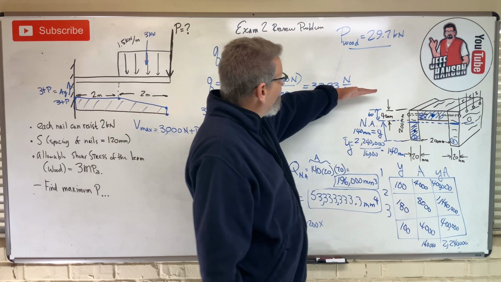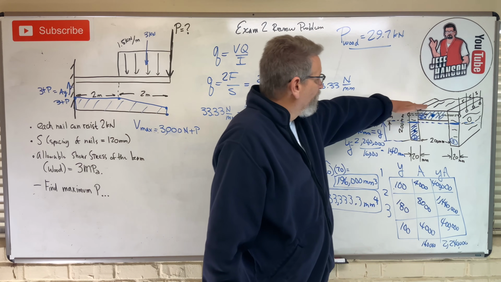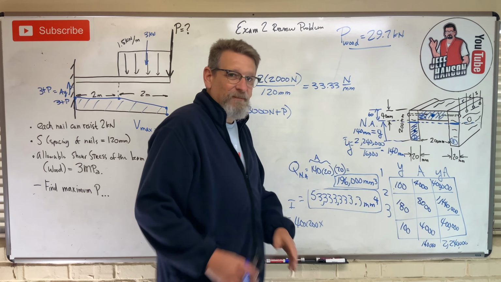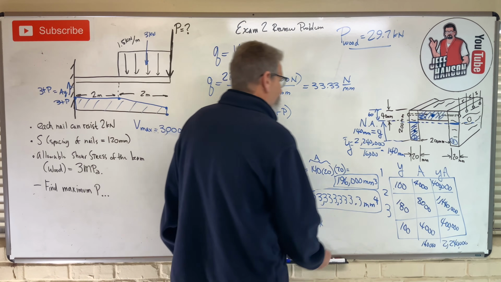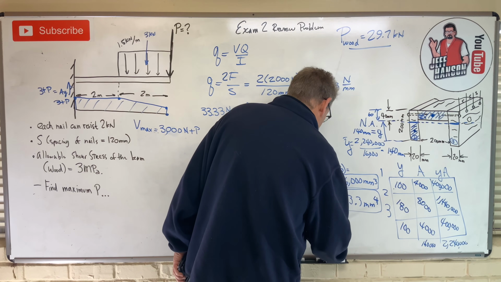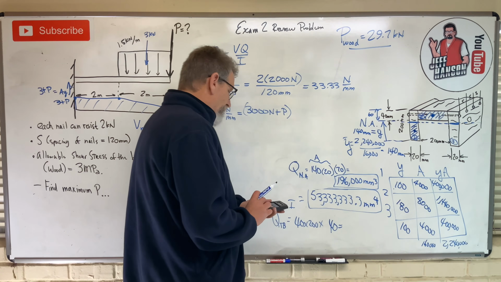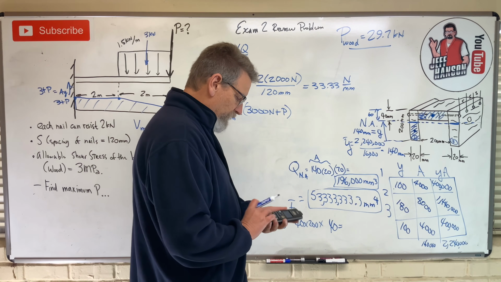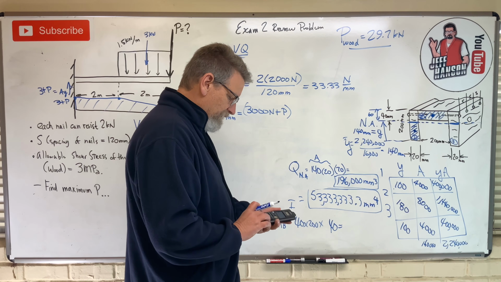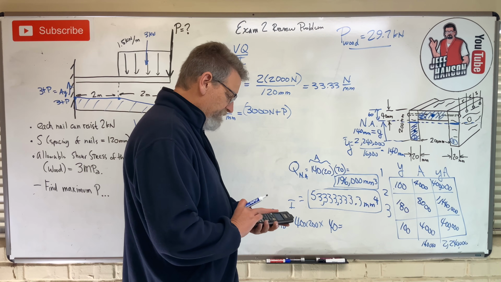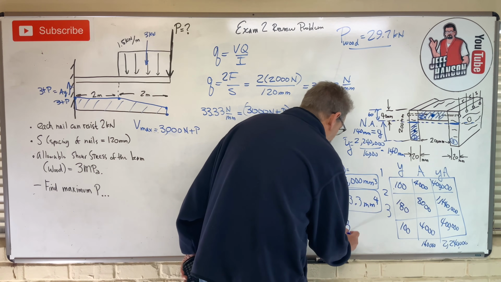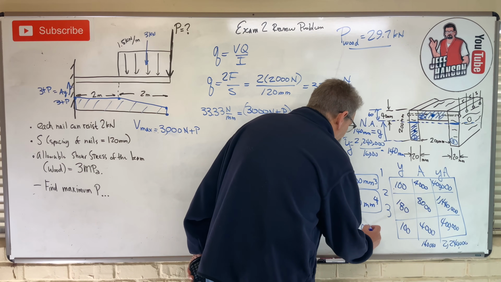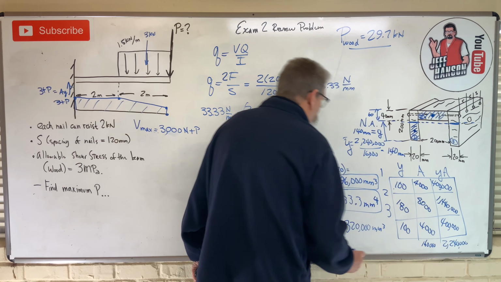So I go up 60 and then come back half of 40, which is 20. It leaves me with 40. It's at 40. So Q for top board is 40 times 200 times 40, which is 320,000. And again, that's millimeters cubed.